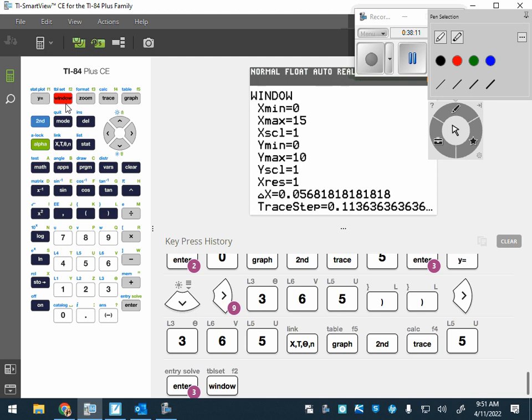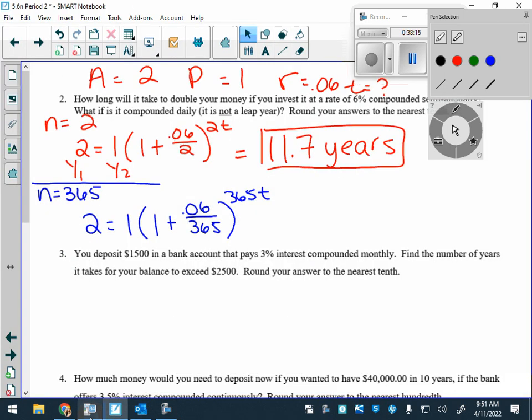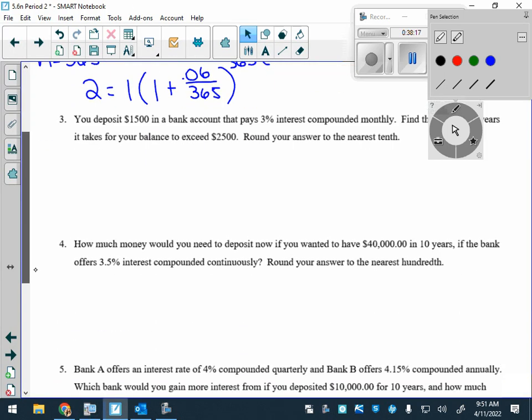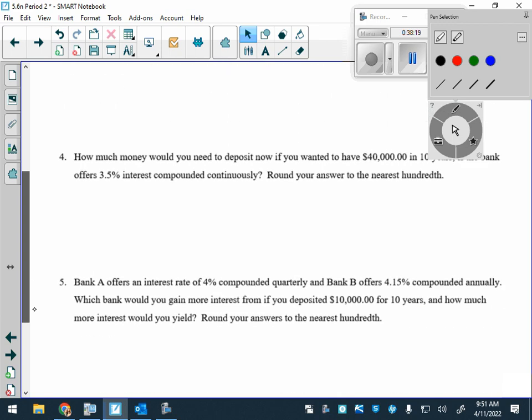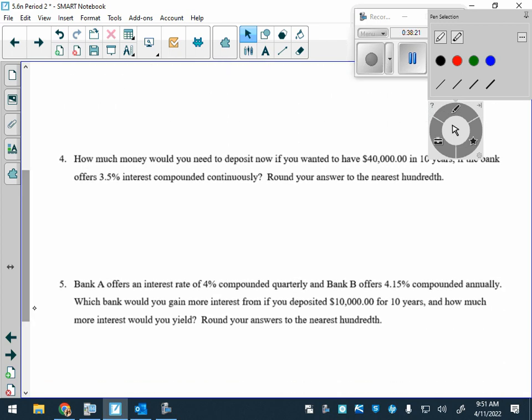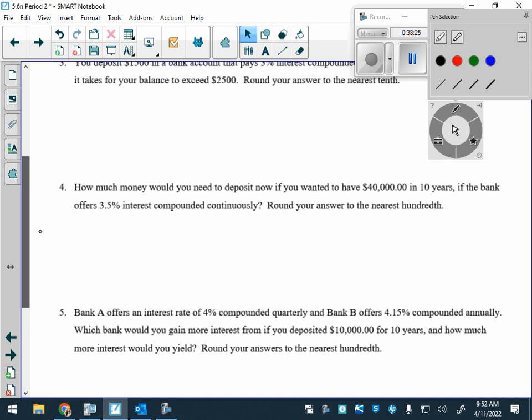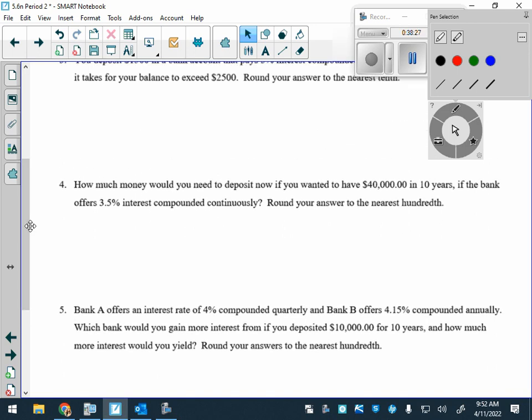Okay. So we're going to do some more practice. But first, I'm going to look at number 4. This says, how much money would you need to deposit now if you wanted to have $40,000 in 10 years, if the bank offers 3.5% interest compounded continuously?